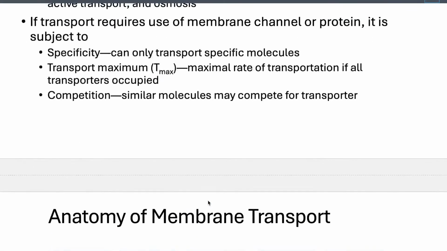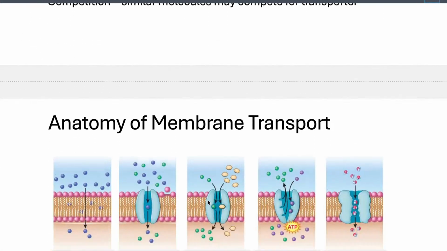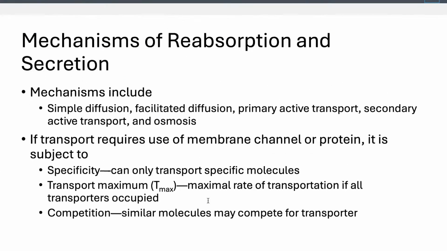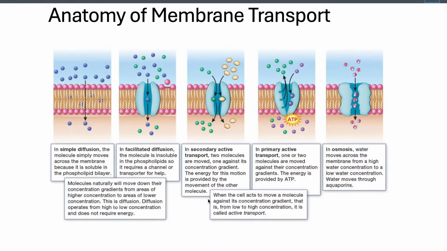And competition: similar molecules may compete for transporters. That's when we're using membrane channels, and there would be a lot more competition and limits because there's only an X amount of these proteins.